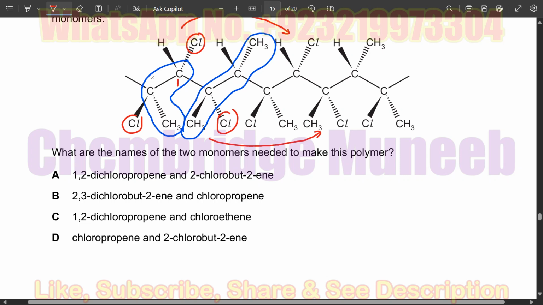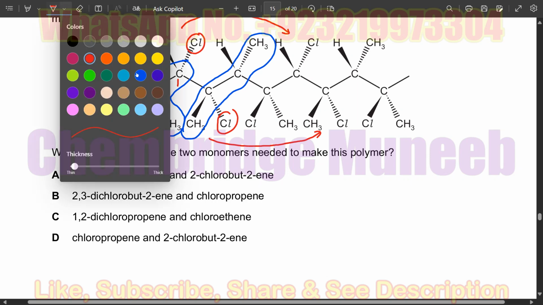So 1 is present here, 2 is present here, and 3 is here. So positions 1 and 2 contain 2 chlorine atoms, which means options A and C have this part of the monomer.